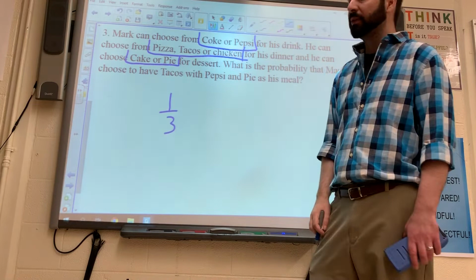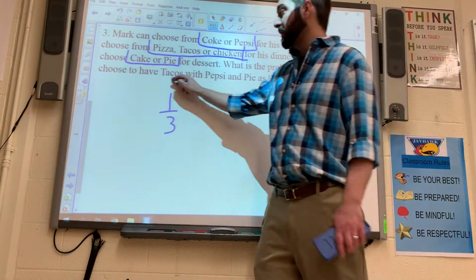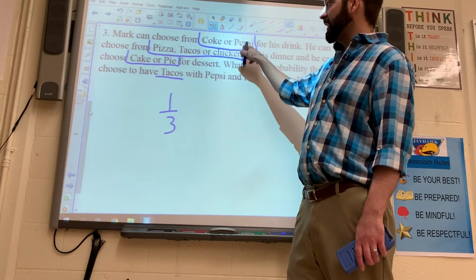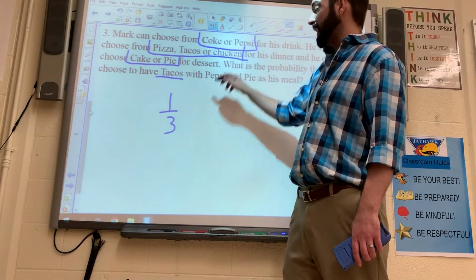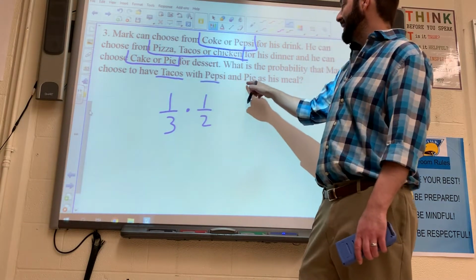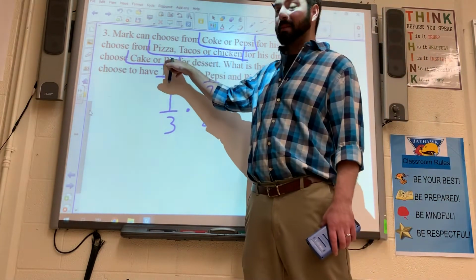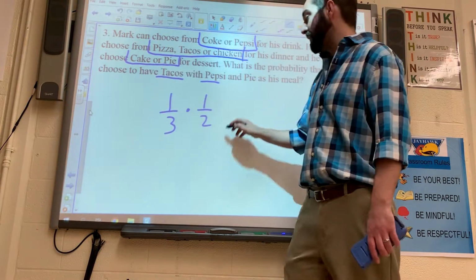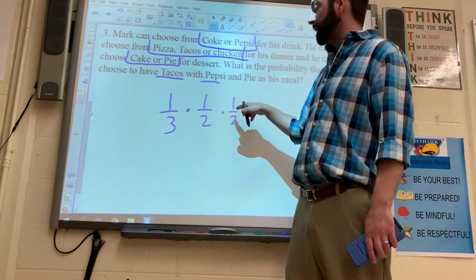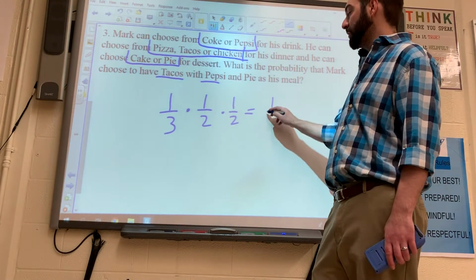So he would have a 1 in 3 chance of getting tacos as his entree. Then it says, with a Pepsi. Well, there's a 1 in 2 chance of choosing Pepsi. Again, it says and pie. Well, for dessert options, I have 1 pie out of 2 options. So again, 1 out of 2. 1/3 times 1/2 times 1/2 would give me 1/12.